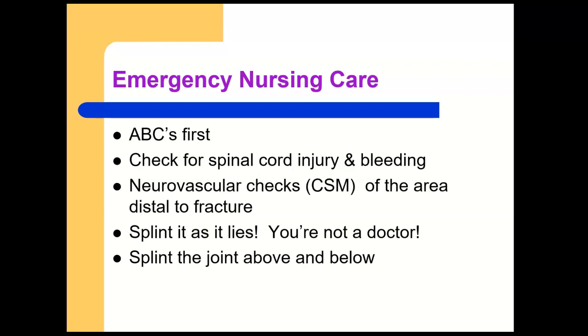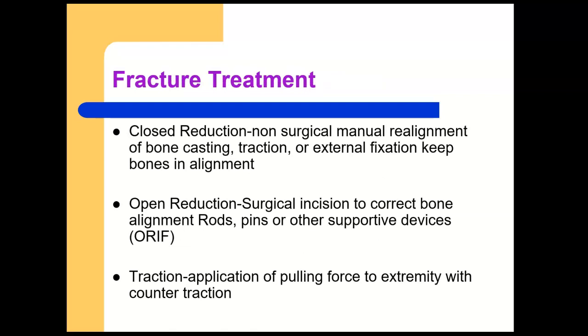So our fracture treatment is going to be closed reduction, and this is when we can do manual realignment of the bones. We can then either keep that realignment by placing a cast, using traction, or external fixators, and we'll talk a little bit more about that, so that the skin remains intact, but we're able to manually move to get bone realignment.